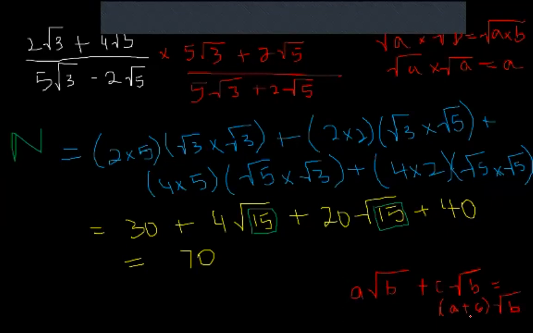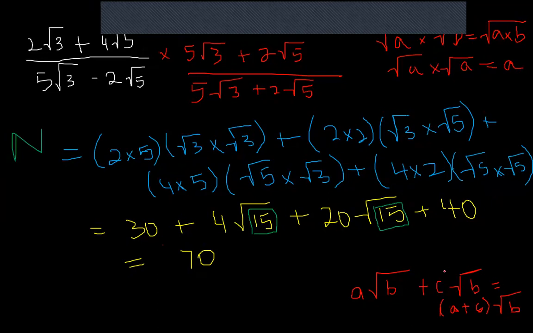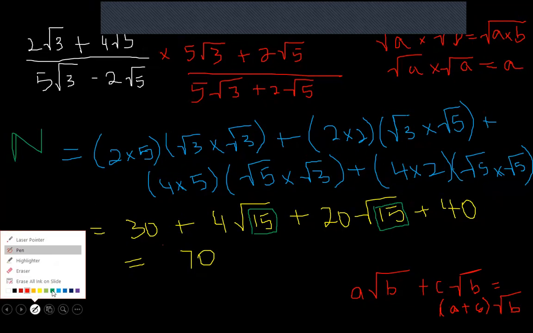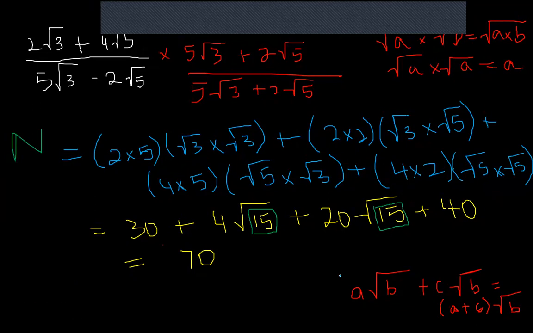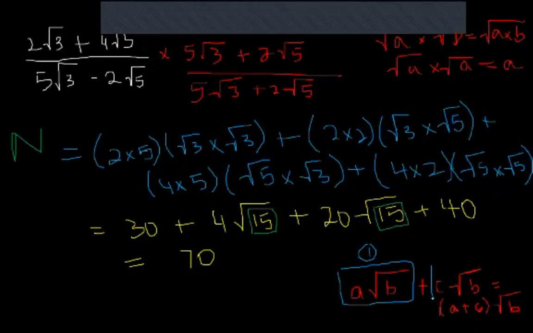How exactly did they come about with this formula here? Well, if you did factorization, right? Looking at this term here, so I'll just put a 1 here. And then I look at this term here.